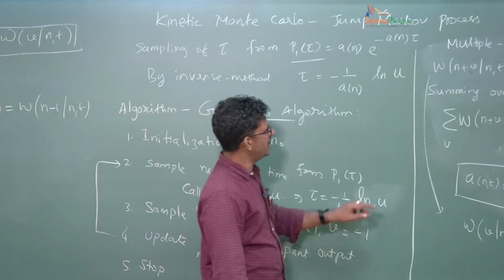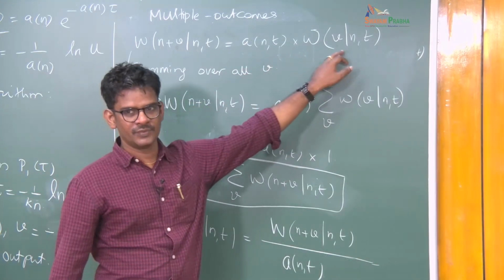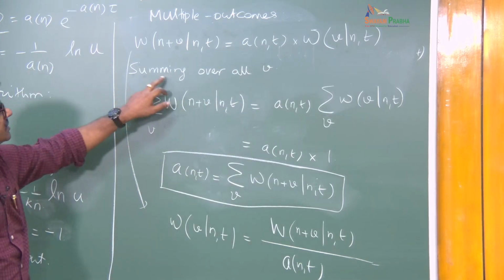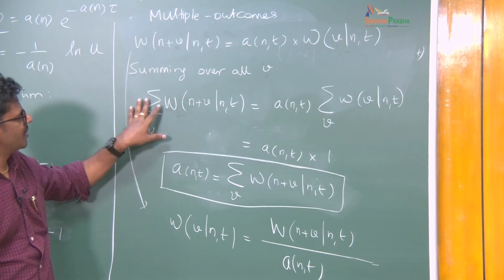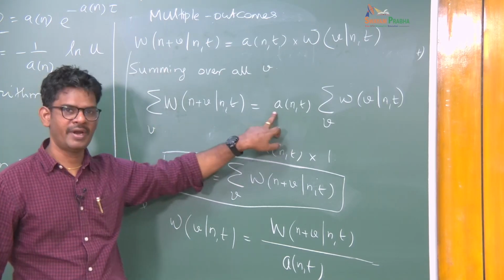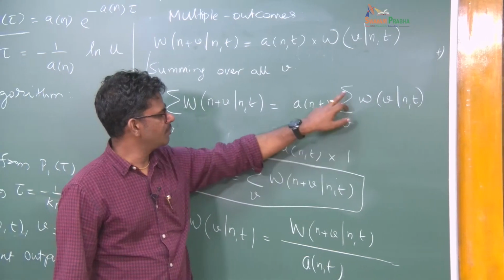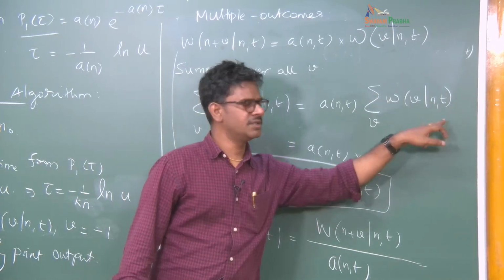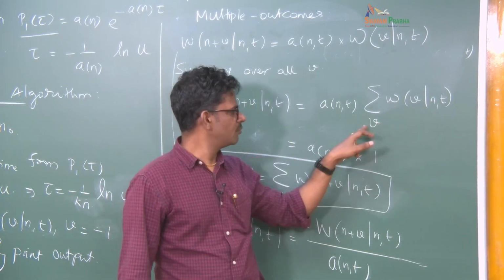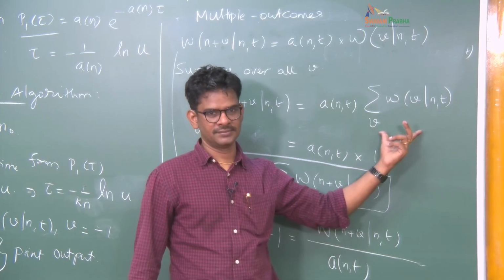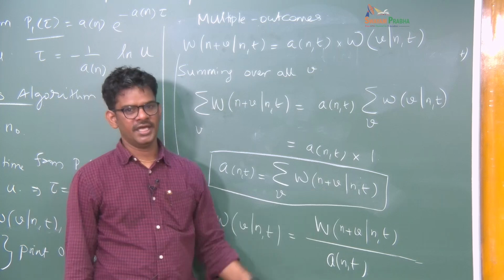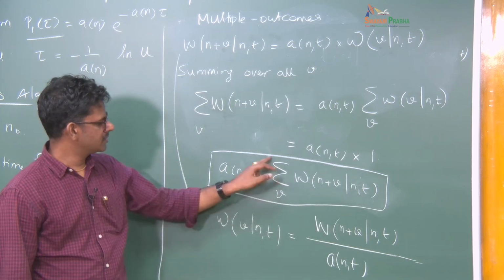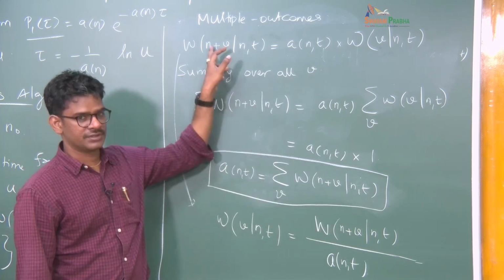So now what we are saying is we are going to the definition, and I'm summing over all possible nu. So this W is summed over nu, A is independent of nu, and here I am summing over all possible nu. Remember, this is a distribution function for nu. When I sum over all possible nu, this becomes 1. So that essentially means that this A of n comma t is nothing but the sum over all possible nu of this function.